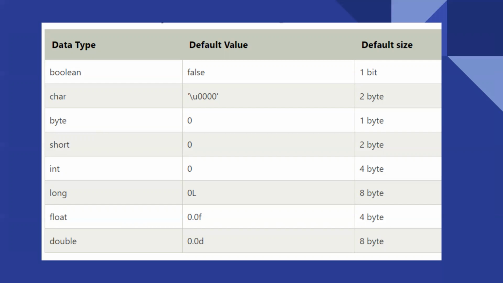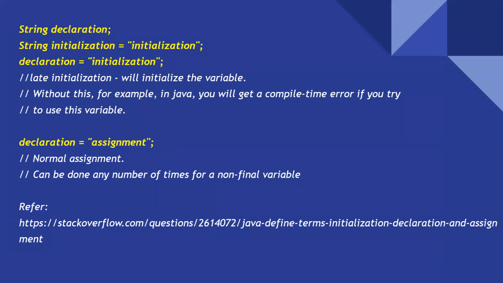If the default value is null, what will be happening? Generally, you will be having the null pointer exception. But this is just to note it down. We will be seeing it in the class and object classes. Next one, we are going to just see some little demo on the declaration, initialization, and the assignment.